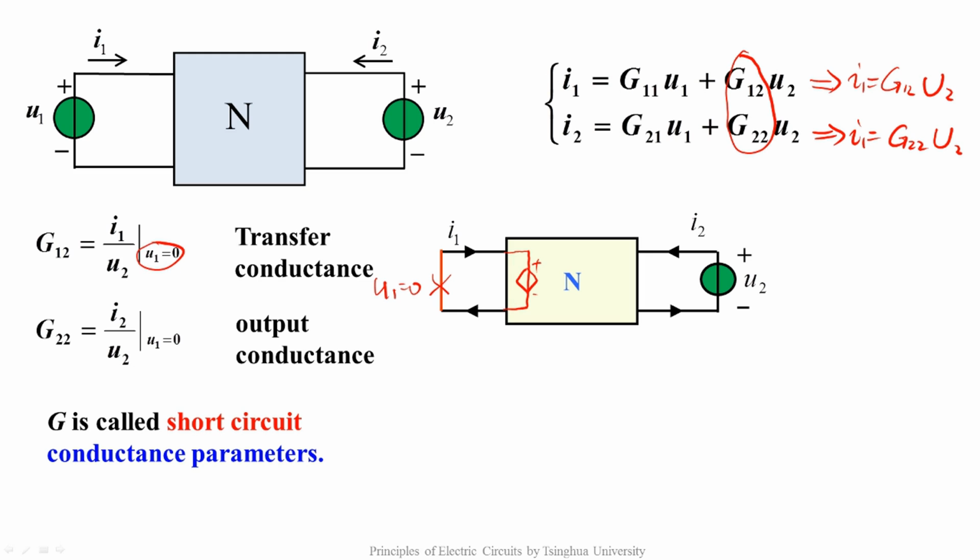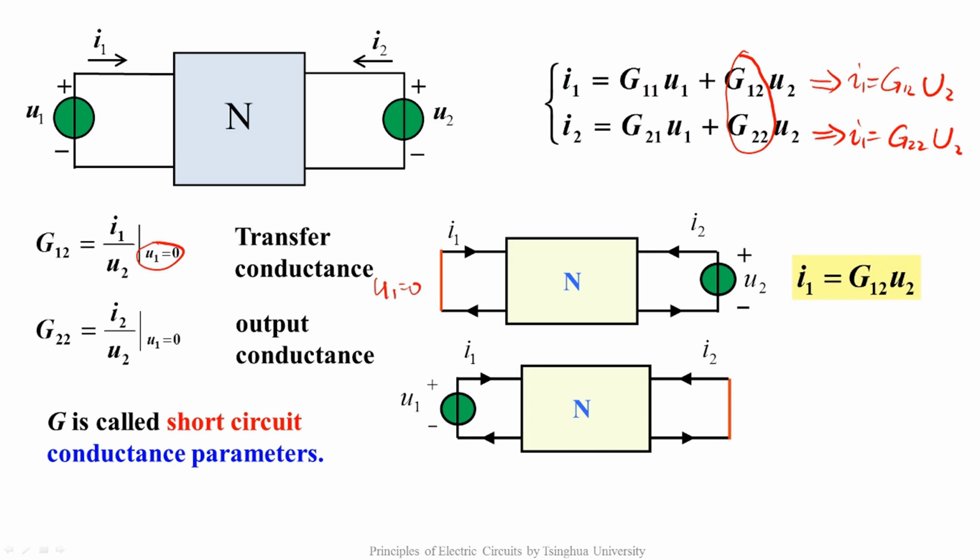From the two circuits where the two ports are short respectively, we can see that I1 equals G12 times U2 when port 1 is short, and I2 equals G21 times U1 when port 2 is short. If G12 equals G21, it's a reciprocal two-port, which means exchangeable intuitively.